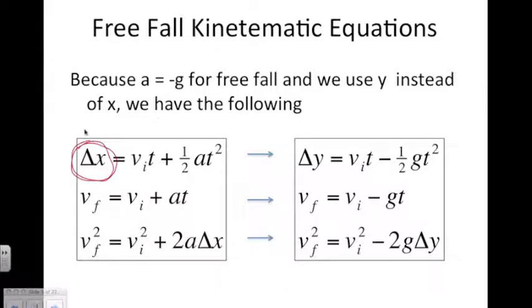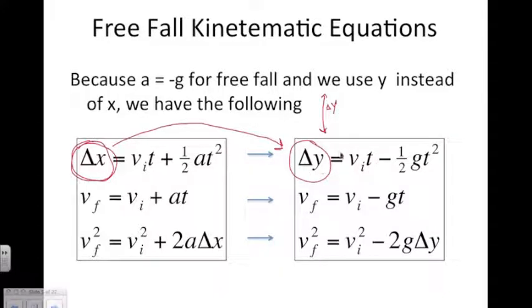X typically is in the horizontal direction, but since we're going to be talking about free-falling objects, let's call our displacement y. That's a bad pun, because y is vertical, and things tend to fall vertically. So we'll think of our displacement now as the vertical position, so up and down is going to be our y direction.